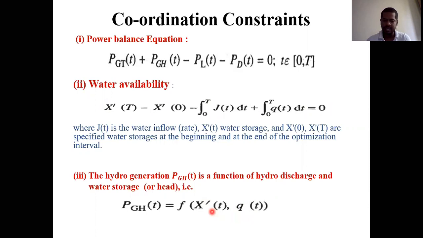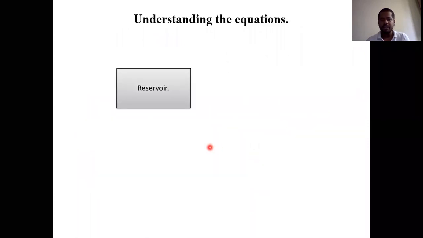So power generation in the hydropower plant is a function of water storage and, at the same time, discharge. These three are the constraints which we are taking in this problem. But the most important problem in this case is, let me tell you how to write that water availability constraint.